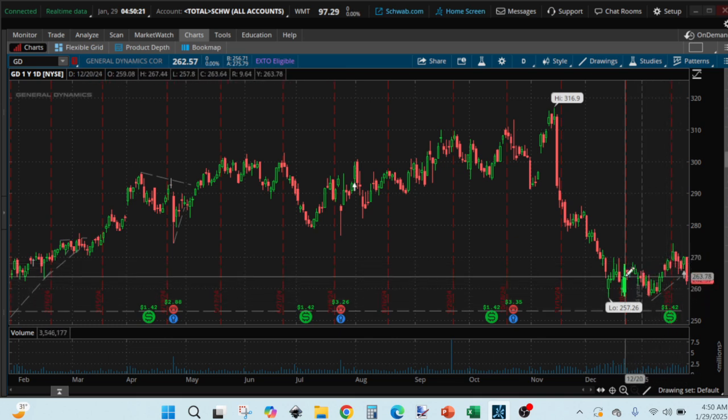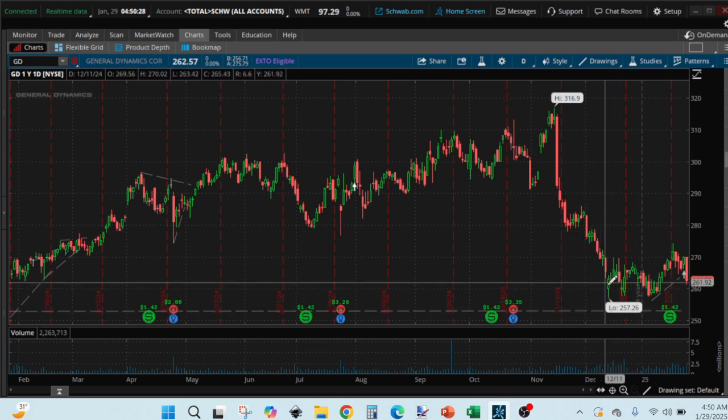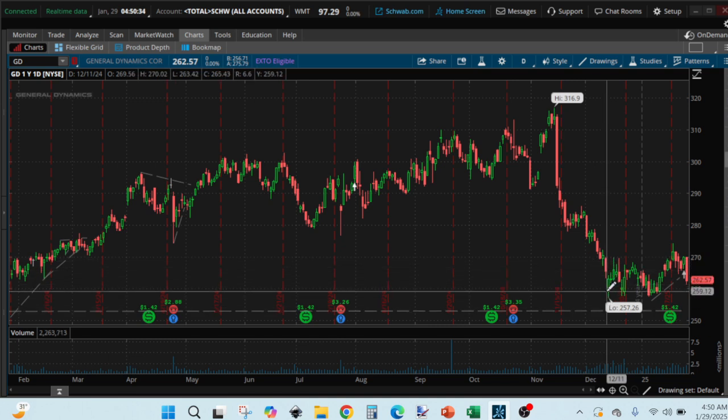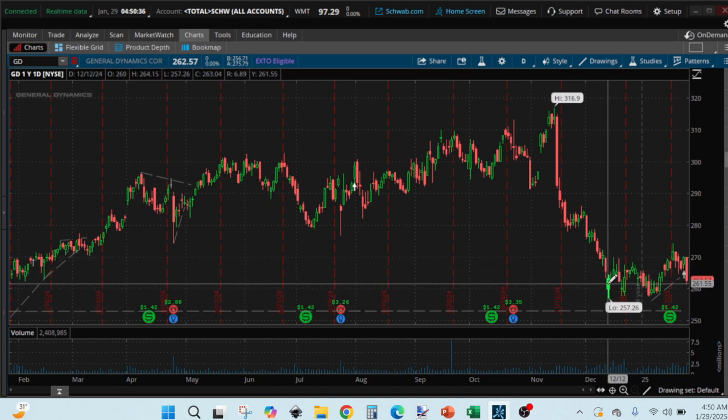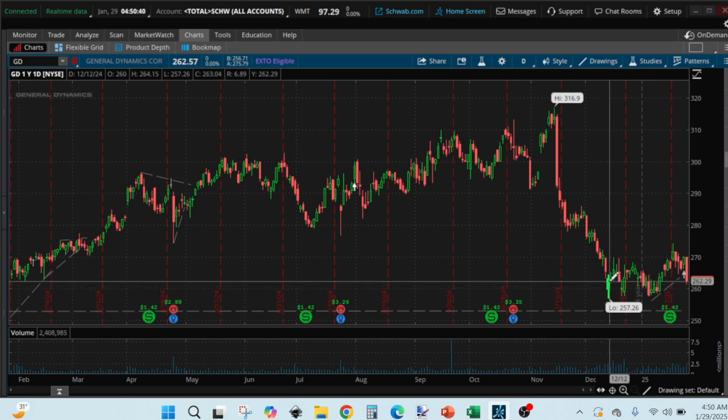But on the 1 year daily chart, you'll notice that this bar, again on a daily chart, every single bar is a daily price bar. So it is like a daily fluctuation of the price.